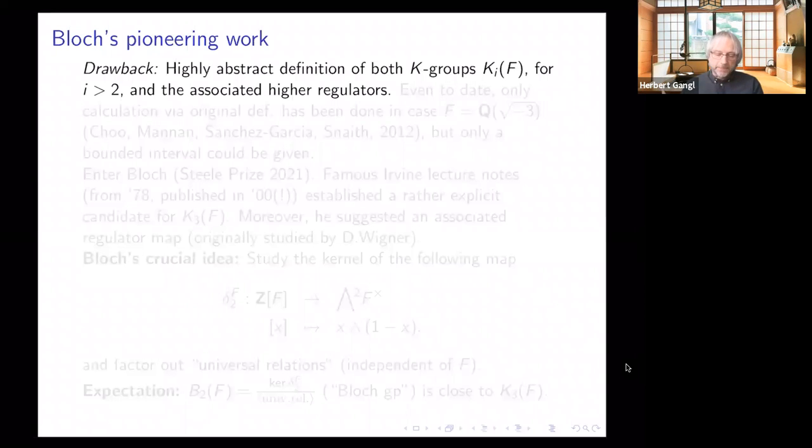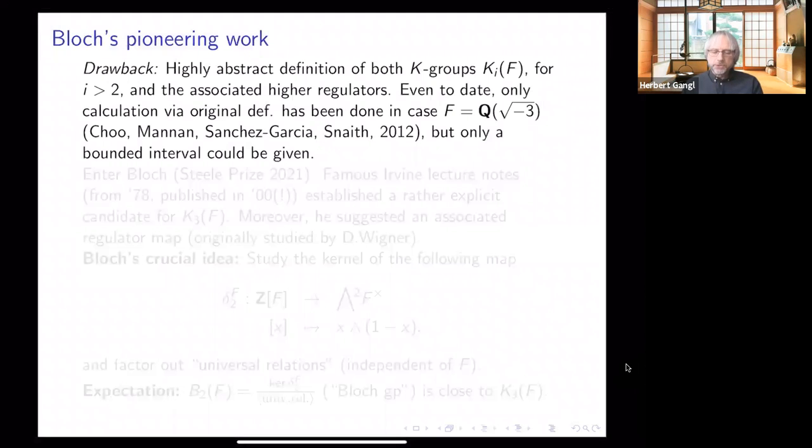rather explicit. And the only one that I'm aware of, which gives Bloch's original regulator in the case of K3 of F, is the one by Chu, Malan, Sanchez Garcia, and Snaith. And they've looked at one of the simplest possible cases where you have a non-trivial regulator.